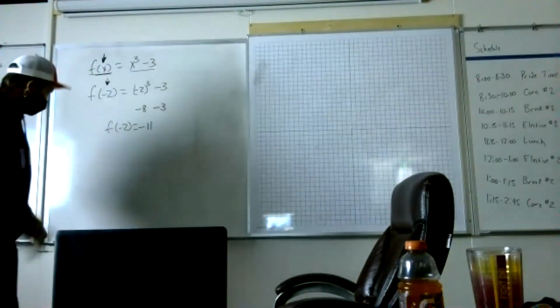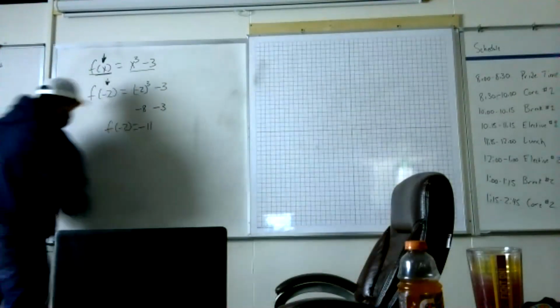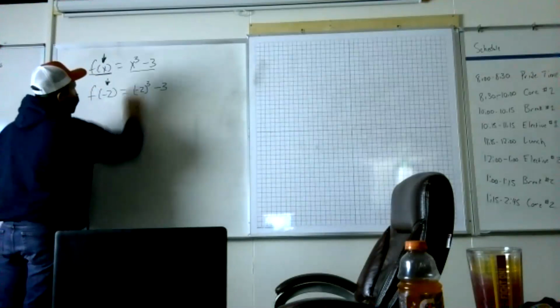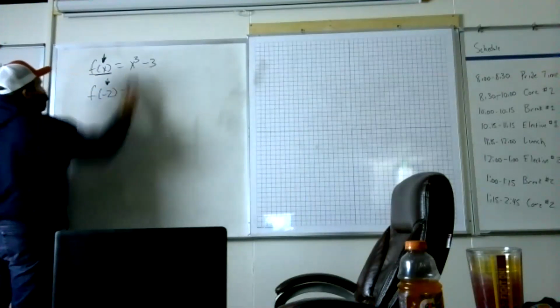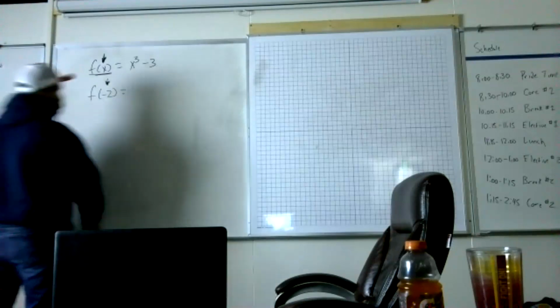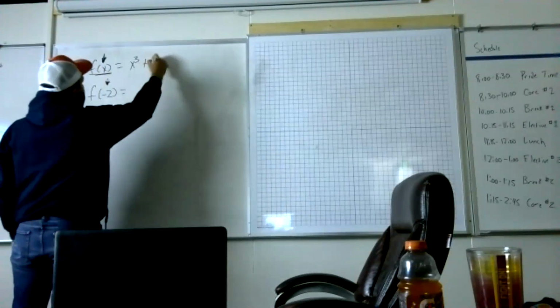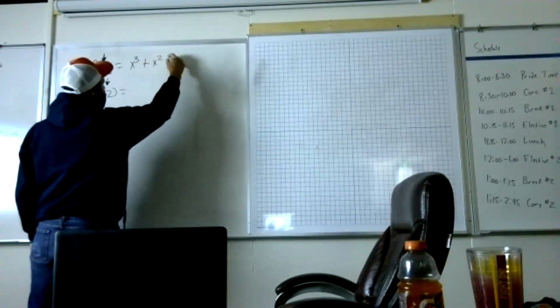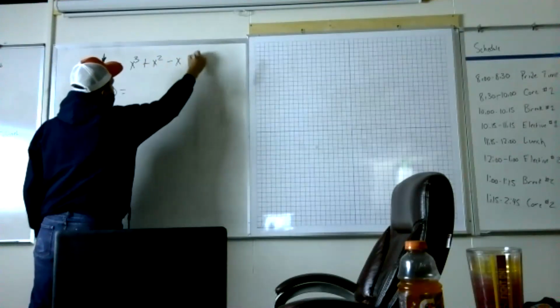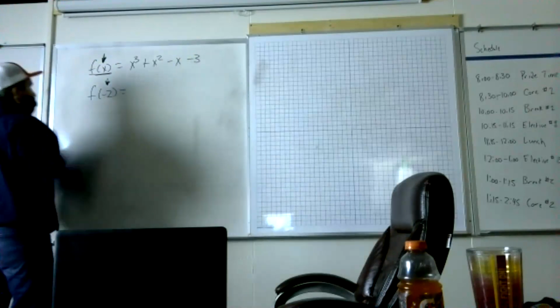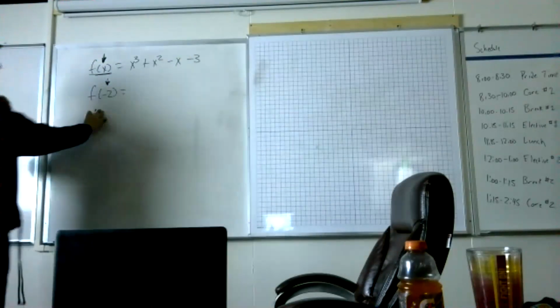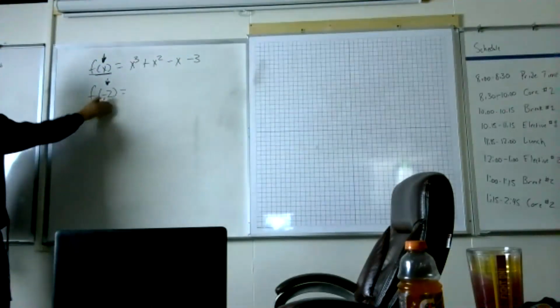So just for instance, just to kind of prove a point, if it wasn't just x cubed minus 3, let's say it was x cubed plus x squared minus x minus 3. And that's f of x, and they're still asking us to find f of -2.